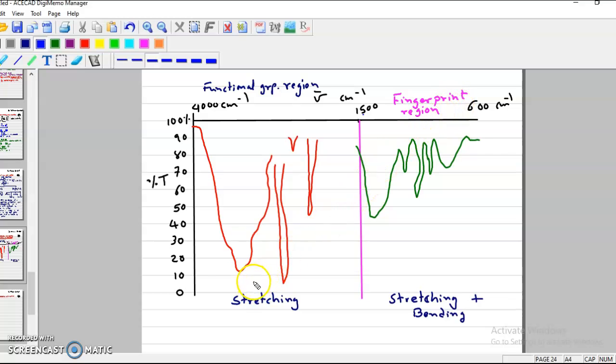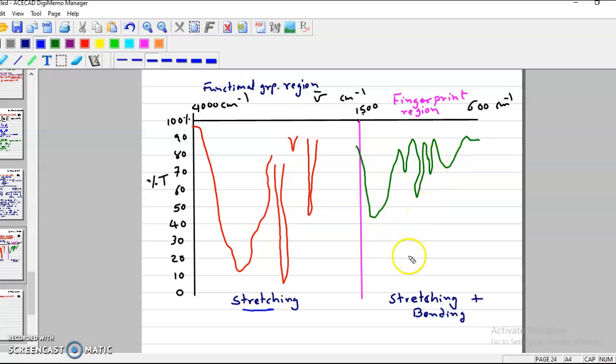Normally between 4000 and 1500 we get stretching vibrations, and between 1500 and 600 we get a number of bands due to stretching and bending, and therefore number of bands are particularly more in this case.